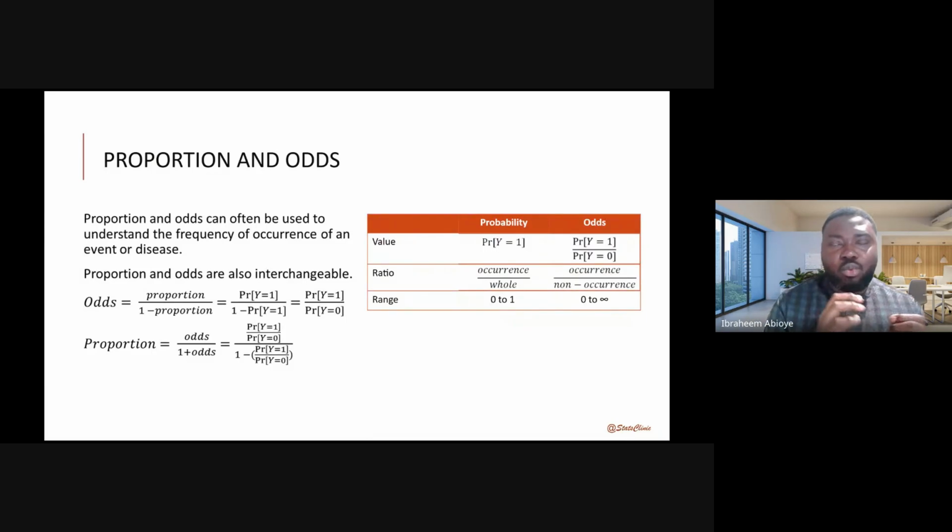But sometimes we want to express the proportion in a different way, and so we recalculate it and call it odds. What we're looking at in the odds is the likelihood that something is happening versus the likelihood that it does not happen, occurrence divided by non-occurrence. And odds are really useful in decision making.